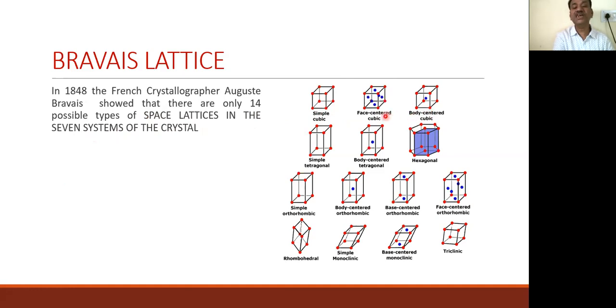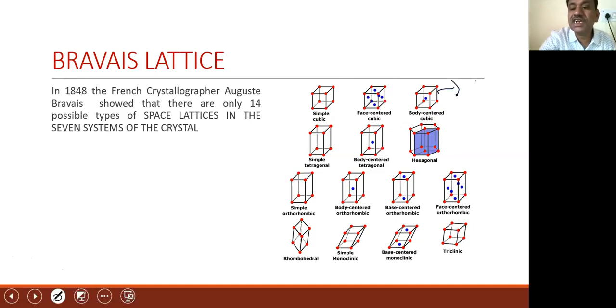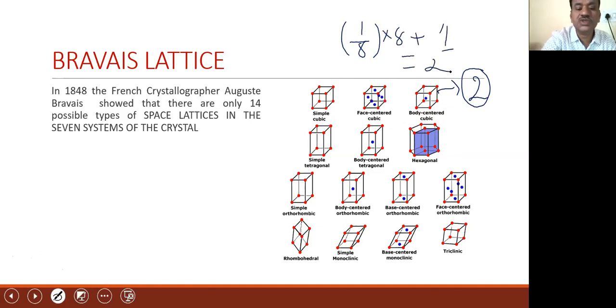Again, in the cubic only, it is classified into 3 types here. And the body centered contains how many atoms? I told you this body center contains 2 atoms. How? 1 by 8 into 8 plus 1 equals 2.